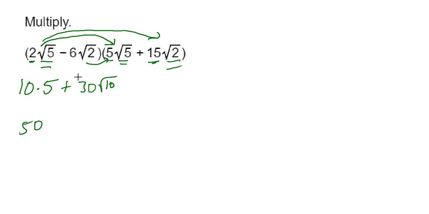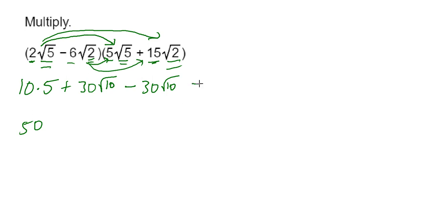We'll multiply the inner terms together. We have negative times a positive, which will be negative. We'll have 6 times 5, again the numbers outside the radical multiply together to give me 30. And then square root of 2 times the square root of 5 multiply together to give me square root of 10. And then we'll multiply the last terms together.